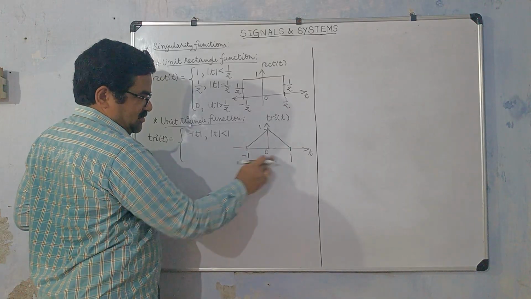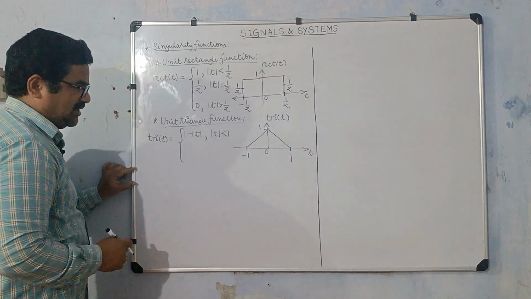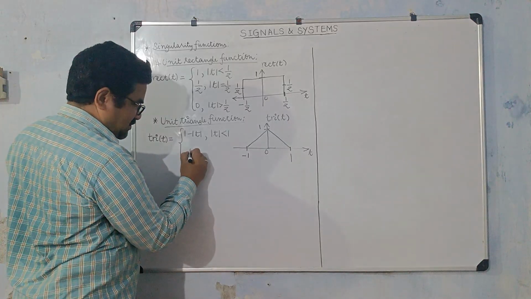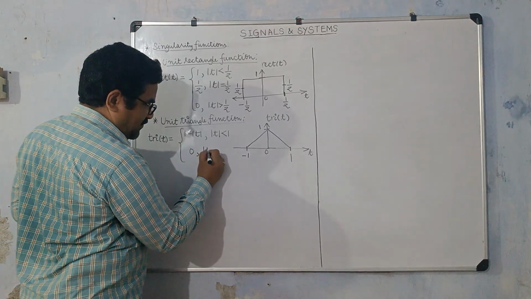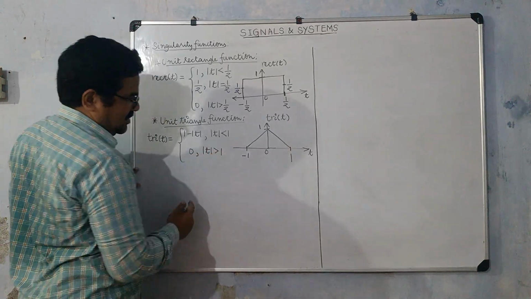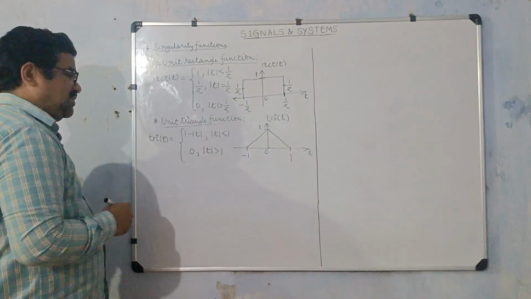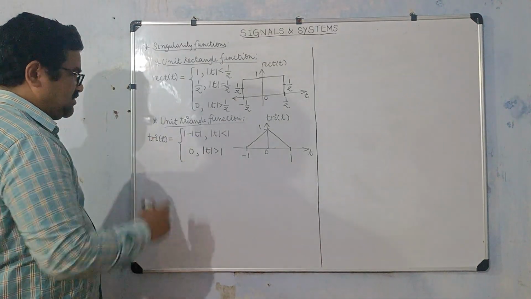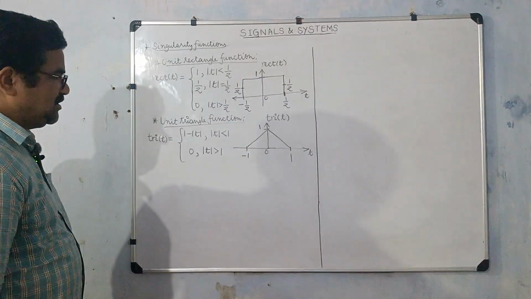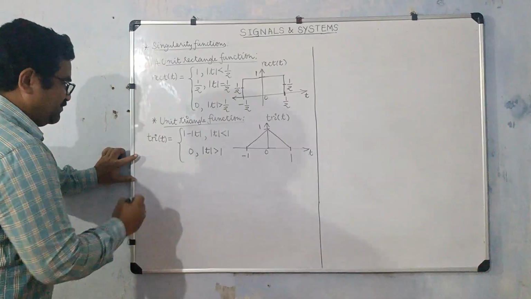So between these two, it is changing linearly. Outside this, it is 0. So it is 0 for mod t greater than 1. Greater than 1 means t greater than 1 or t less than minus 1. So it is equal to 0. So this is what is unit triangle function.